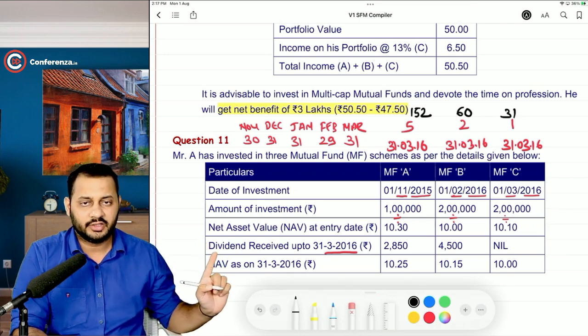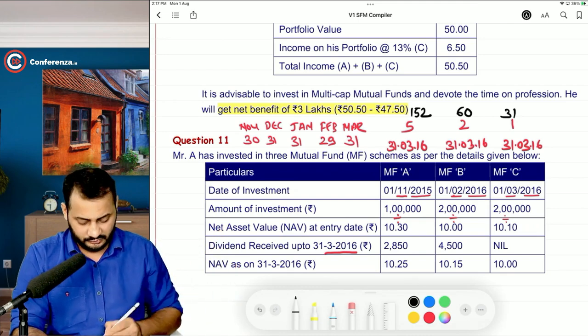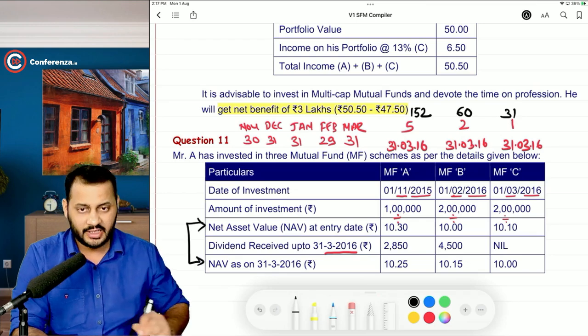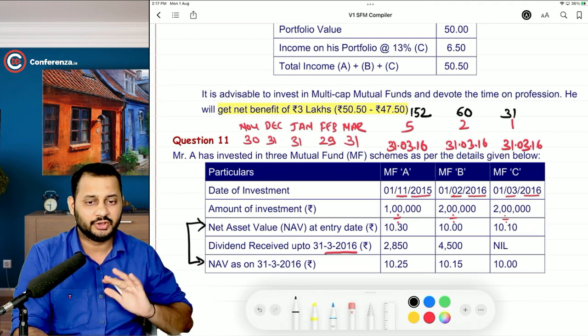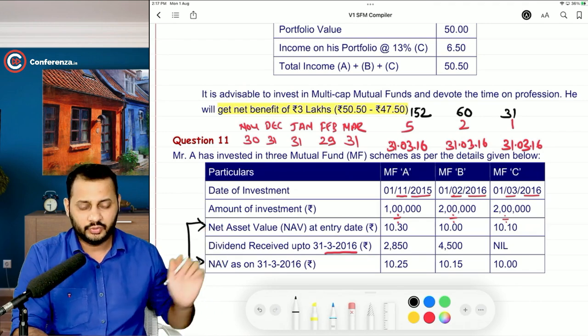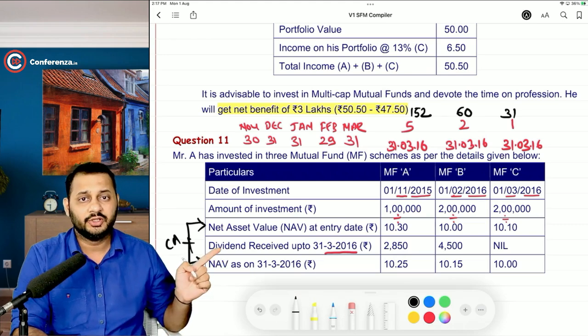So this is the net asset value. Dividend received up to 31st March. NAV as on 31st March 2016. The difference between closing and opening will give you the capital appreciation, and dividend income is already given to you. There is no capital gain separately given. So capital appreciation plus dividend will give you the total return in the numerator.